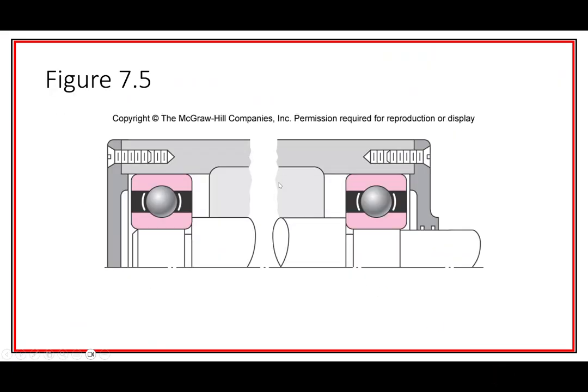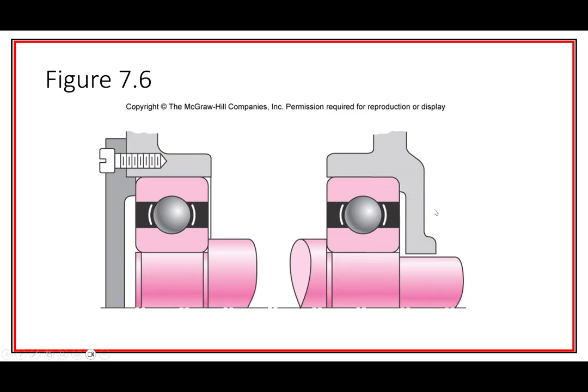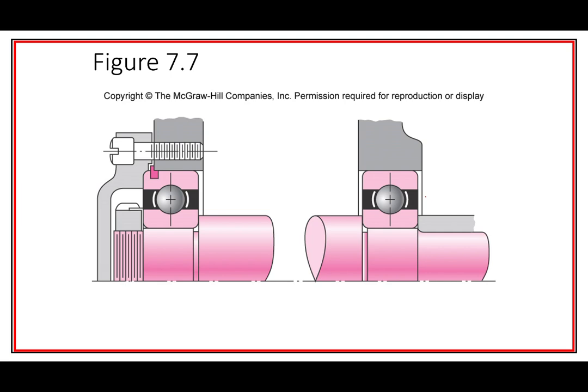And there are some pictures out of the book of different arrangements. There's part of the housing. We don't care about that right now, but how we establish. Oh, here's one. We notice there's a seal right there, or something that's representing a seal. There are many different types of seals. Here are also some housing considerations. The details do matter, but we're not going to have to worry about them.